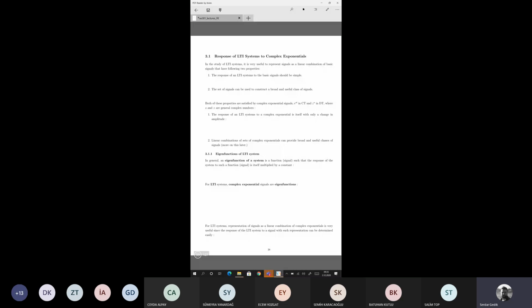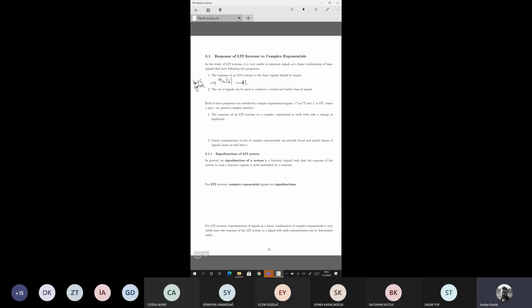First, we will start with analyzing the response of an LTI system to complex exponentials. If I have a basic signal, let's say a_k(t), we will define its properties later on.